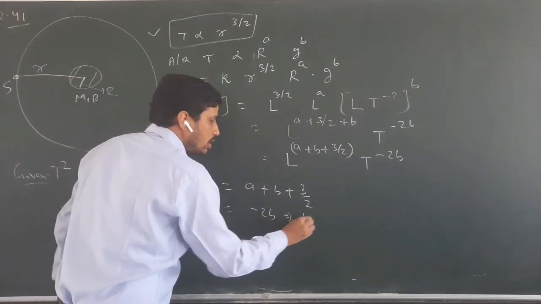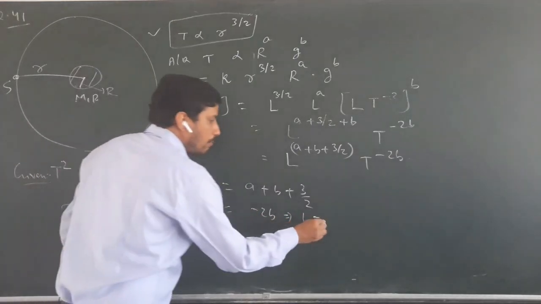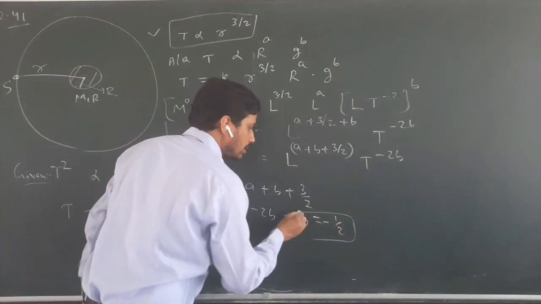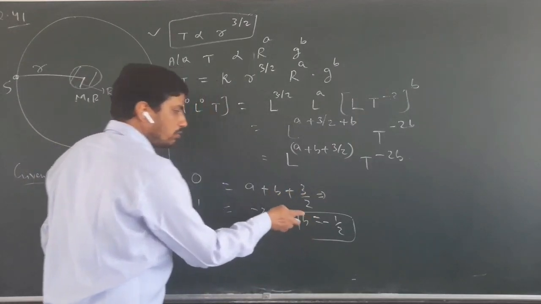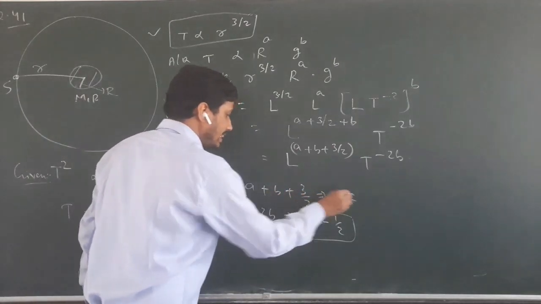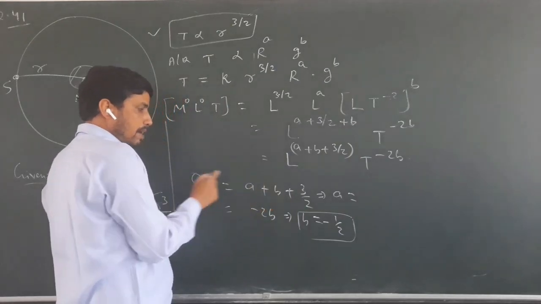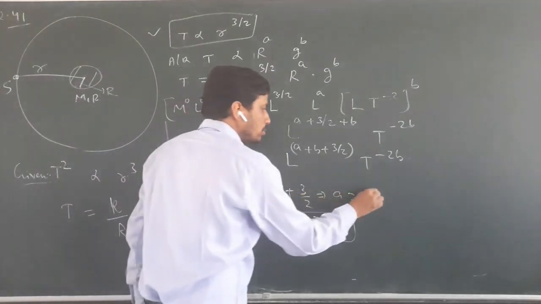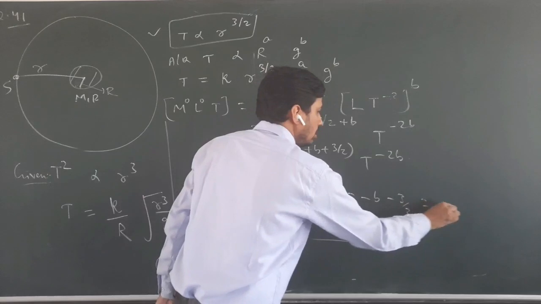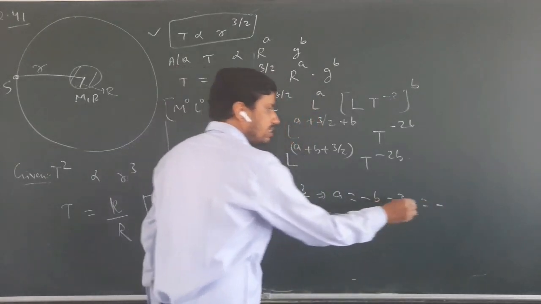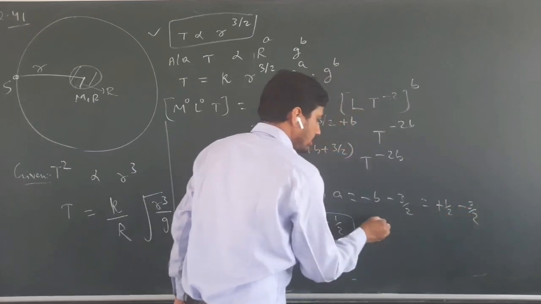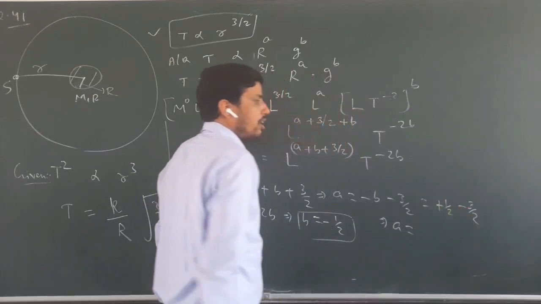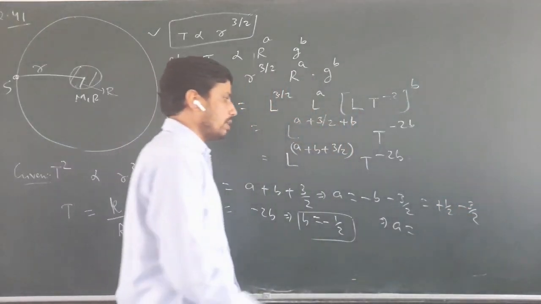So this gives us the value for b. b will be minus half. And here if you put the value of b in this equation, we'll get a. a will be how much? Minus b minus 3 by 2, is equal to minus of b, which is plus half, minus 3 by 2. This implies a will be half minus 3 by 2, which is minus 1.